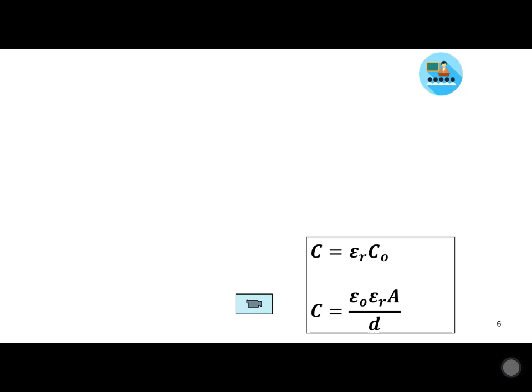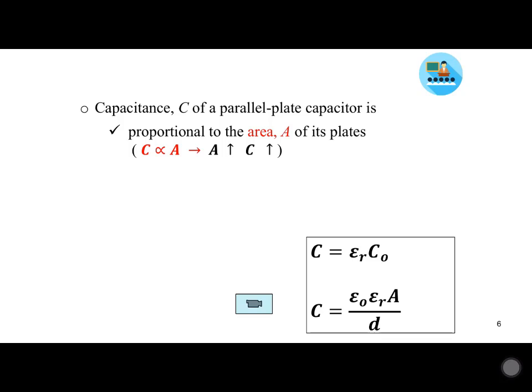When we substitute in C naught, which is epsilon naught A over D, the full equation for a capacitor with a dielectric is C equals epsilon naught epsilon r A over D. From here, we can see that the capacitance is directly proportional to A. Therefore, when the surface area of the plate increases, the capacitance of the capacitor also increases.